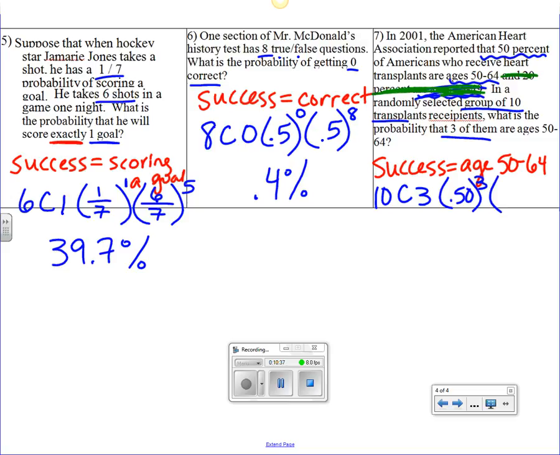So if 50% are ages 50 to 64, what percent is left over? Well, 50%. Add up to 100. All right, so you wanted 3 people to be ages 50 to 64. You have 10 of them, so that means 7 will not be in that category. And that gives you 11.7%.